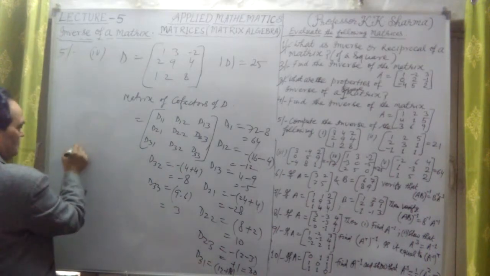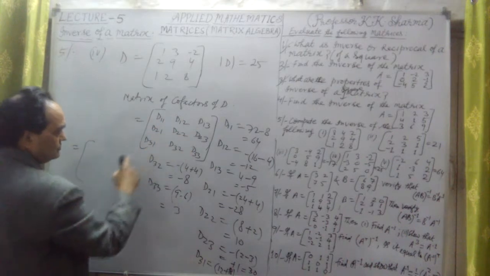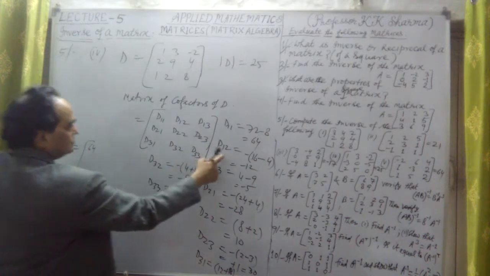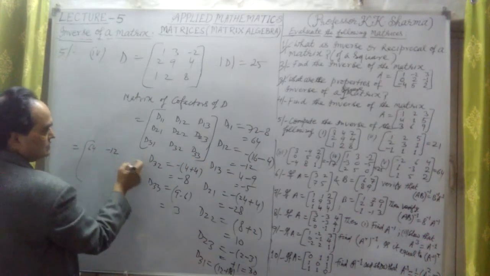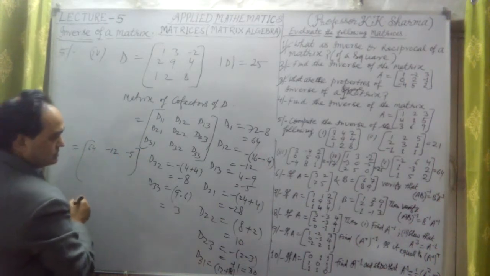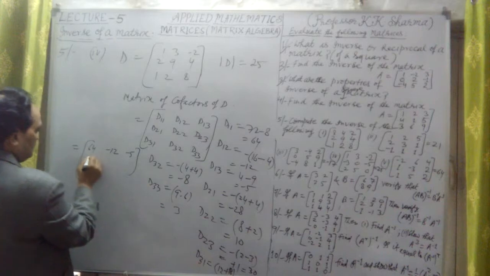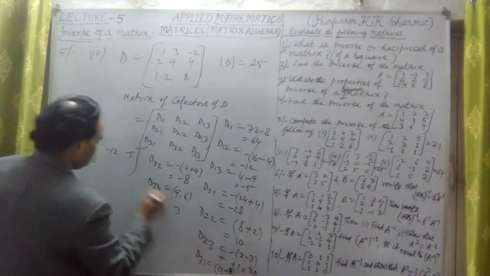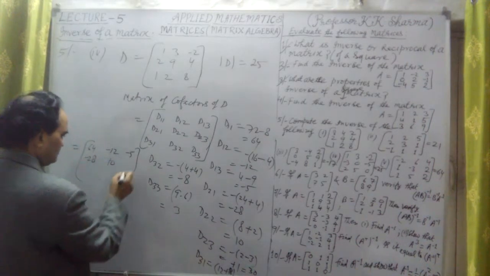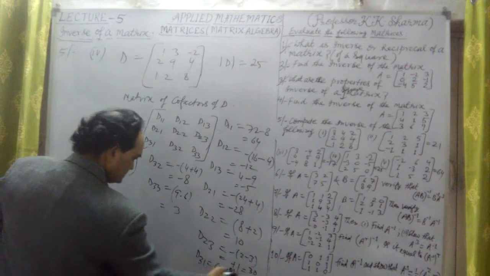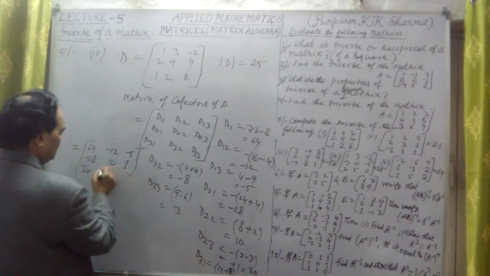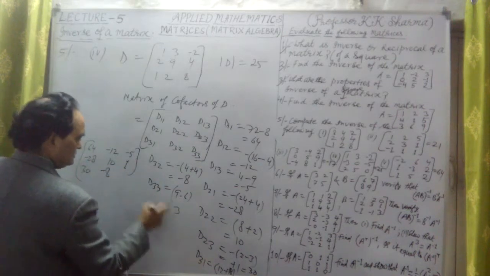Therefore, the matrix of cofactors has all these values. D11 is 64, D12 is minus 12, D13 is minus 5, D21 is minus 28, D22 is 10, D23 is 1, D31 is 30, D32 is minus 8, D33 is 3.